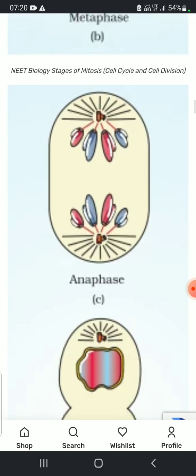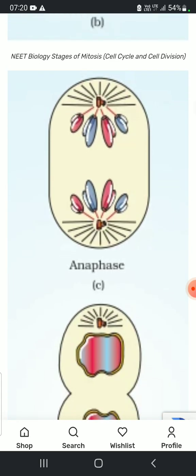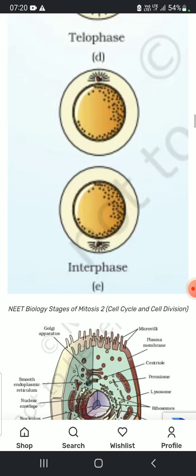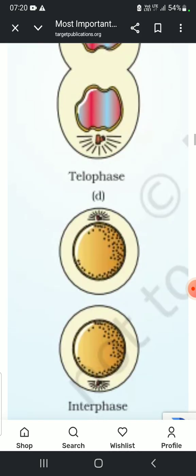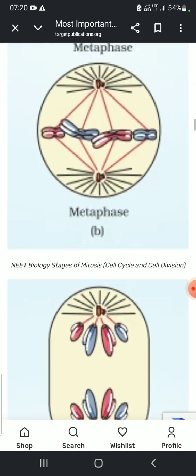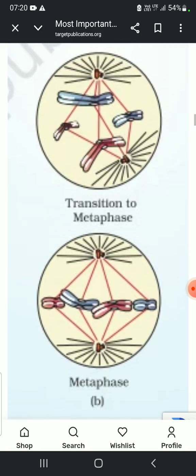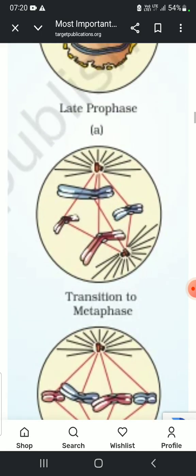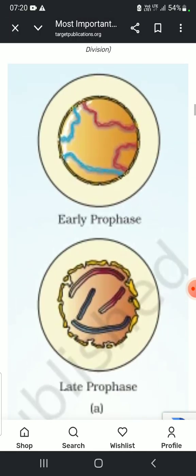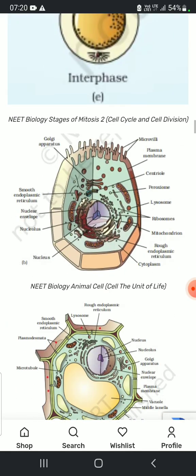Rest we have anaphase, then we have telophase, and this is very important, this is interphase. So revising once again, this is interphase, this is telophase, this is anaphase, then metaphase, chromosomes lie at the center, this is metaphase, then transition to metaphase, late prophase, early prophase.